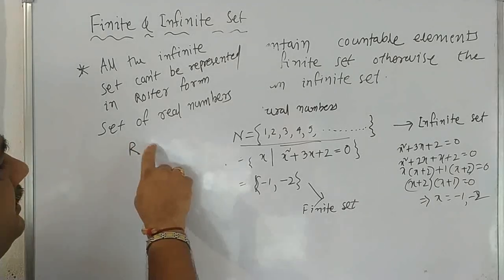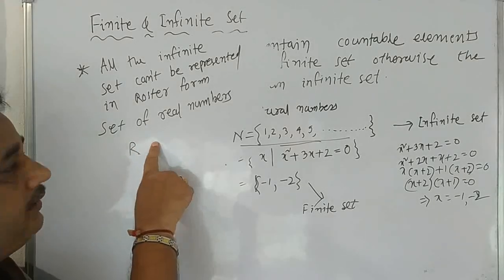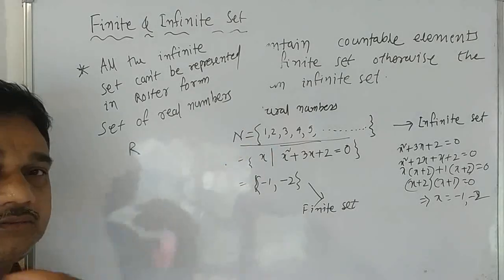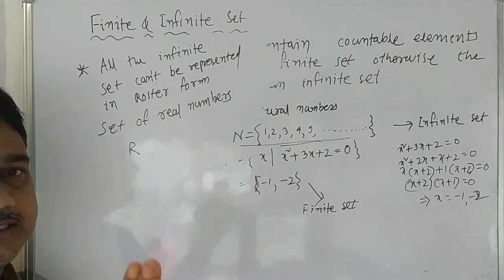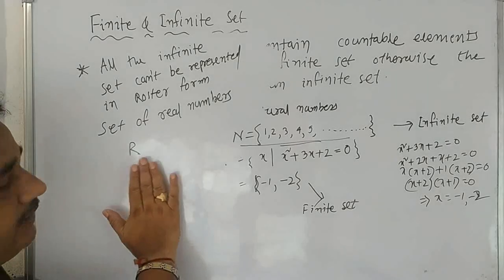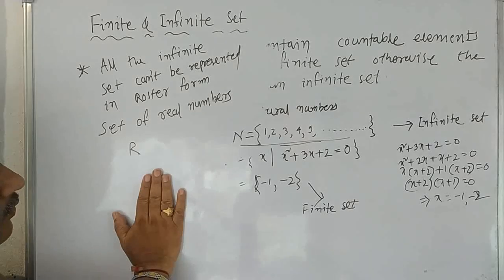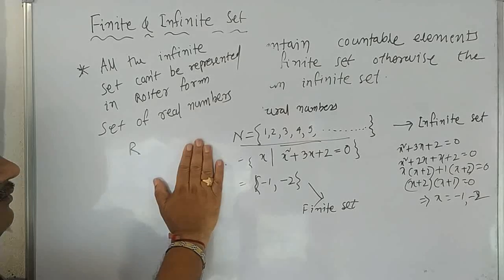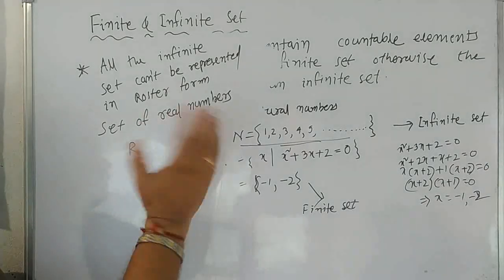So the set of rational numbers you can write: natural numbers, integers. When you are writing the integers, it covers whole numbers, natural numbers, everything. But when coming over to irrational numbers, there are so many.